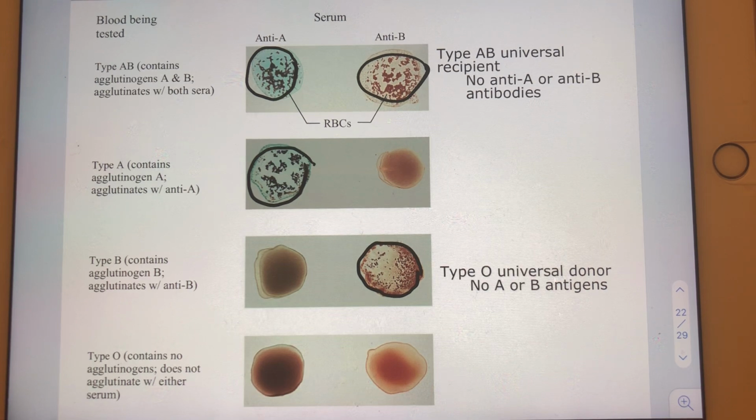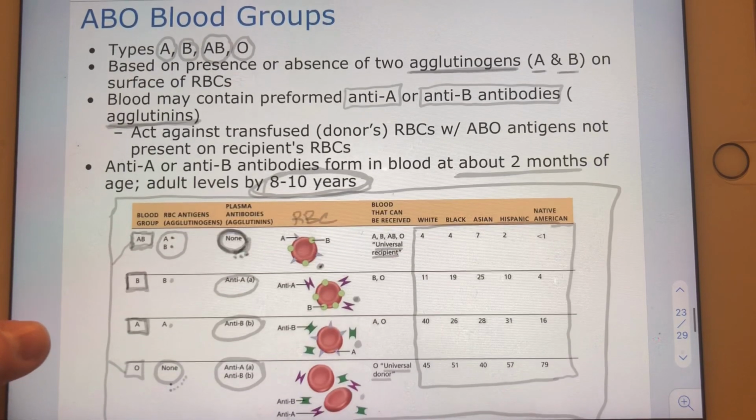So that means that there's a clinical way to easily observe whether or not blood will likely clump. Moving on to ABO blood groups. There are 4 types of ABO blood groups. Type A, Type B, Type AB, and Type O. And you've probably heard of all of them in the past.